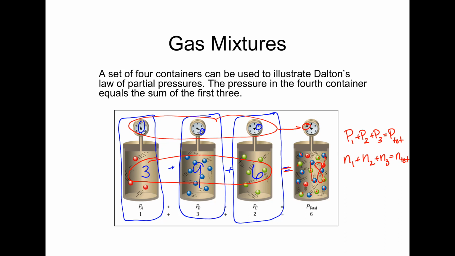When we think about that, it usually makes sense to people that if you add things together, what you get at the end is just those things added together. But we just want to make sure that we're putting the equations in the right way. So we can add pressures together to get a total pressure, and we can add moles together to get a total moles.